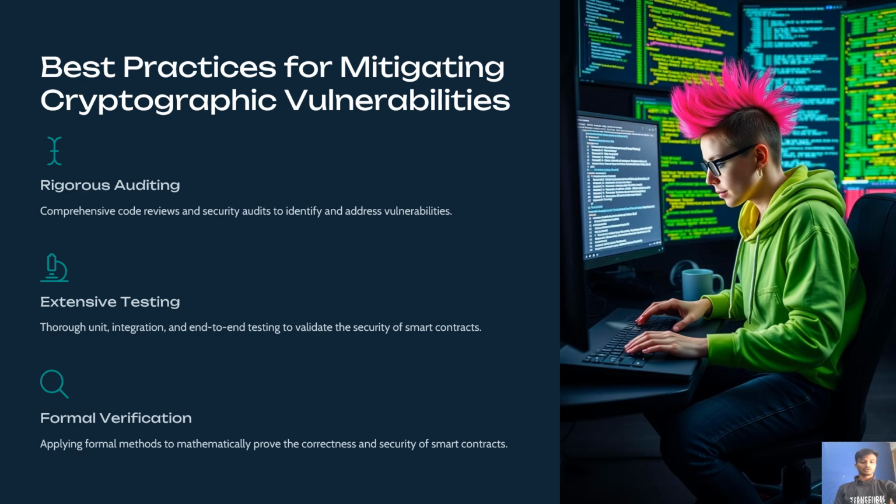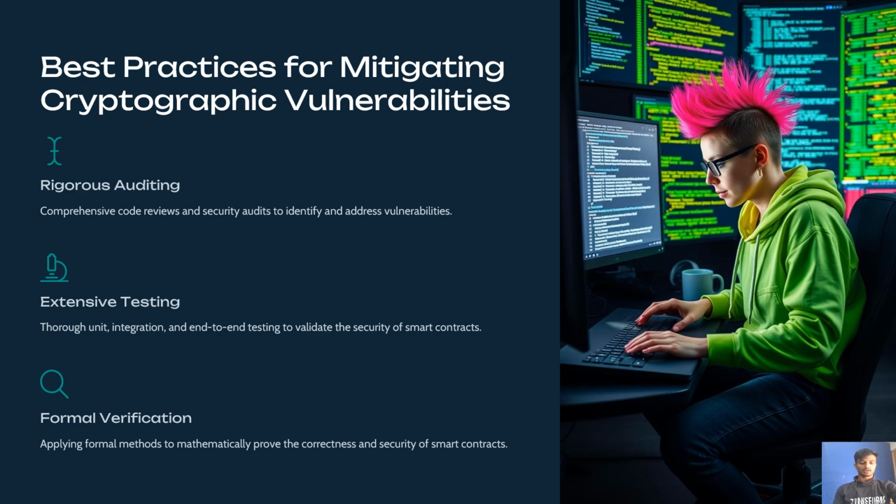Best practices for mitigating cryptographic vulnerabilities. First is rigorous auditing: comprehensive code reviews and security audits to identify and address vulnerabilities. Second is extensive testing: unit, integration, and end-to-end testing to validate the security of smart contracts.